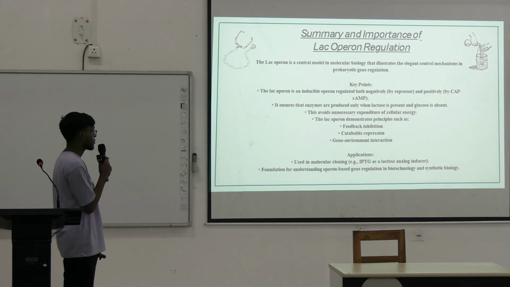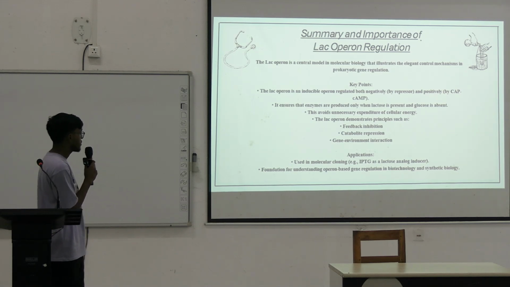Summary and importance of lac operon regulation. The lac operon is a central model in molecular biology that illustrates the elegant control mechanisms in prokaryotic gene regulation. The key points are: the lac operon is an inducible operon regulated both negatively by the repressor and positively by CAP and cAMP. It ensures the enzymes are produced only when lactose is present and glucose is absent.